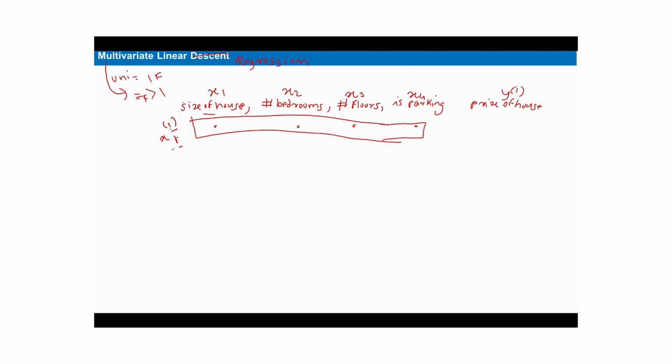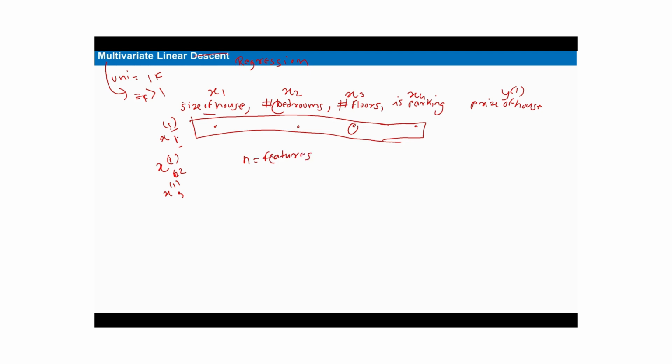If I say x1 of 2, it is the first example, second feature. And x1 of 3 is the first example, third feature. Like that there will be n features.